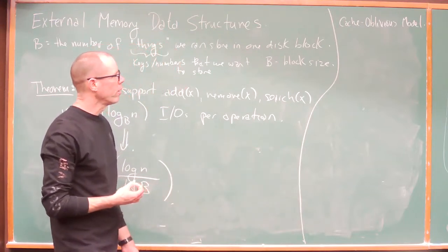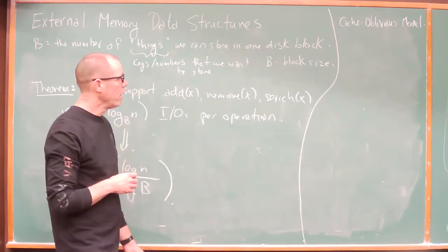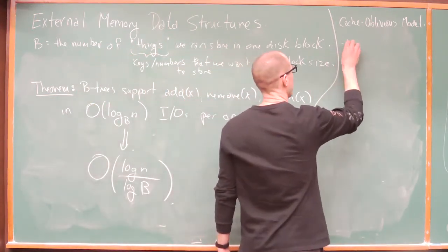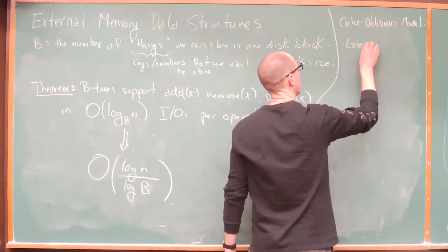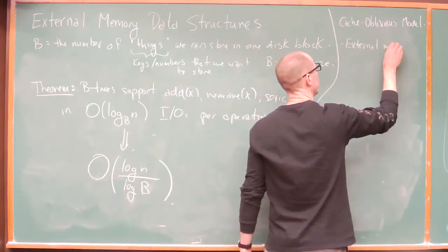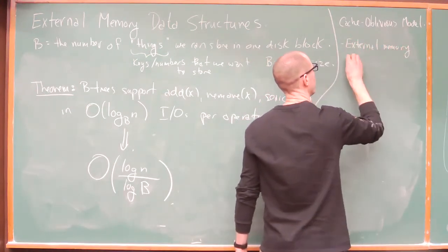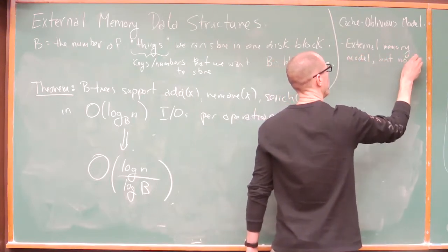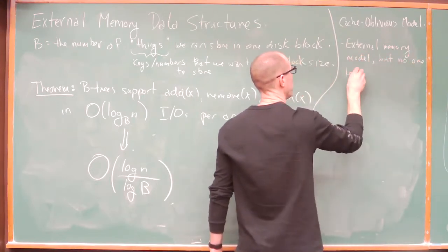So in short, the definition of the model is, it's the external memory model but no one tells you the value of b.